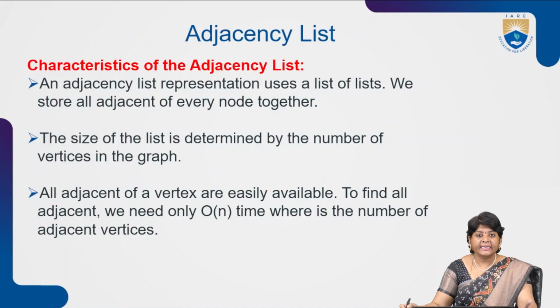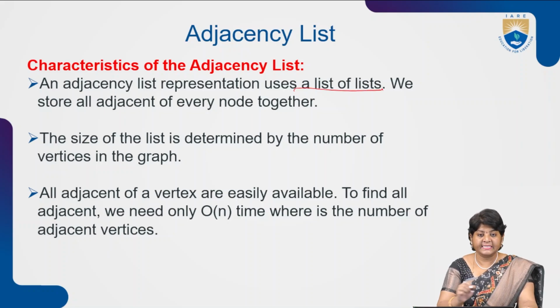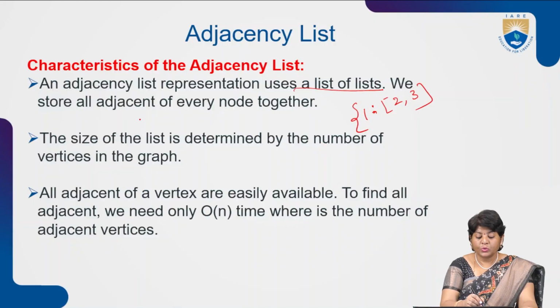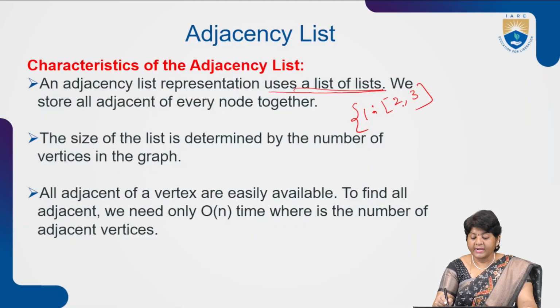Now, what are the characteristics of the adjacency list? An adjacency list representation uses a list of lists. See, this is a dictionary, where vertex 1 is mapped to 2, 3. So 1 is connected to 2, 3.